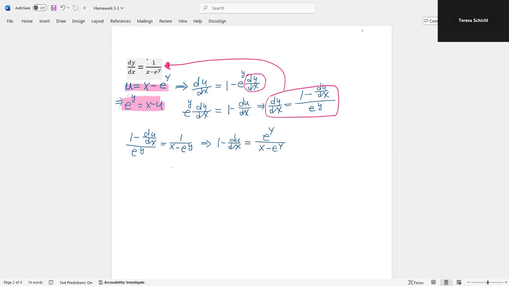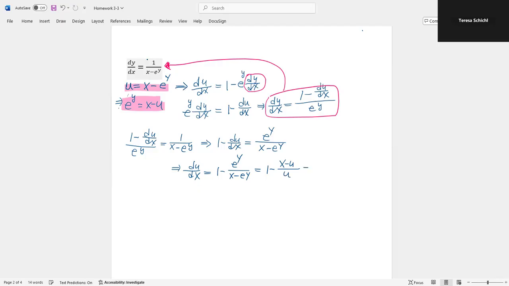So now I can find my du/dx. The du/dx will be 1 minus e^y over x minus e^y. Now I want to change this to u. See here, 1 minus e^y is 1 minus (x minus u), and x minus e^y is u, so this is over u, right?